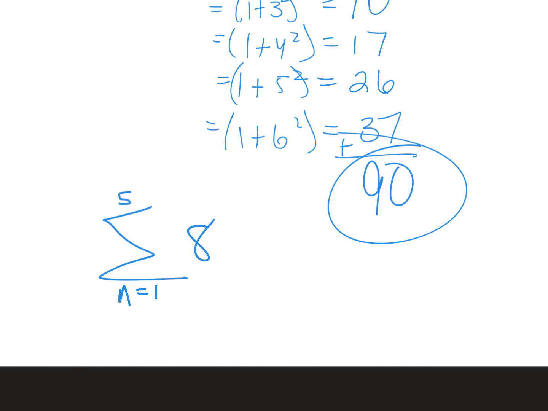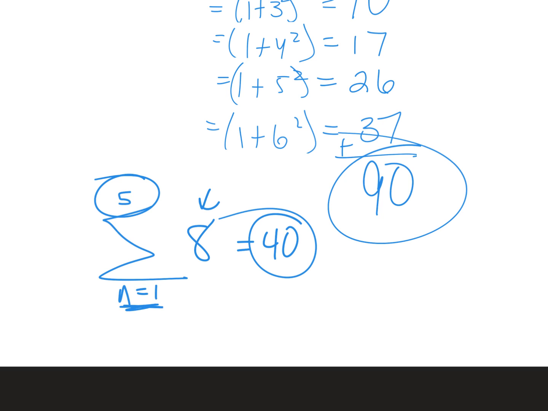How many 8s do they want you to add together? 5. When they don't give you any number to evaluate, you say the lower limit is starting with 1. How many 8s are there? 1. And I want to have a total of how many? 5. So you would just multiply 8 times 5, which is 40. Whenever it's just a single number and there's nothing to go along with it, that's it. Sound good?